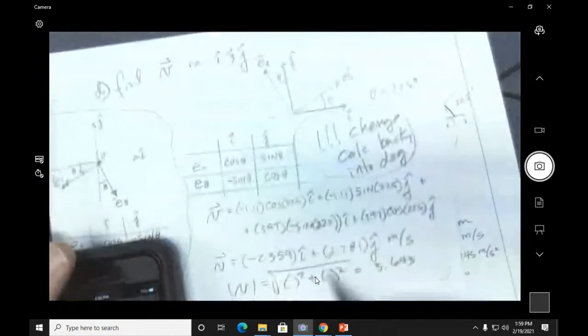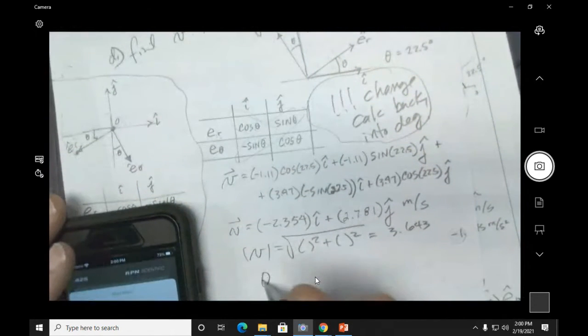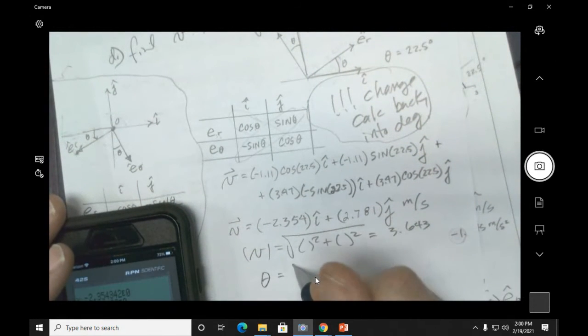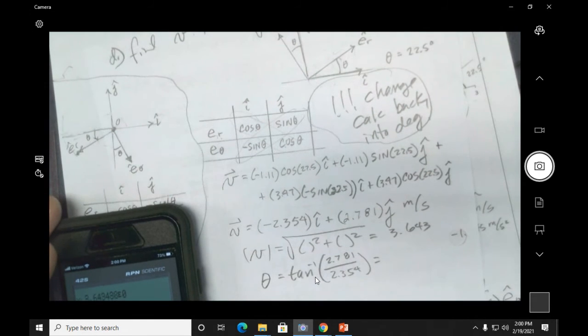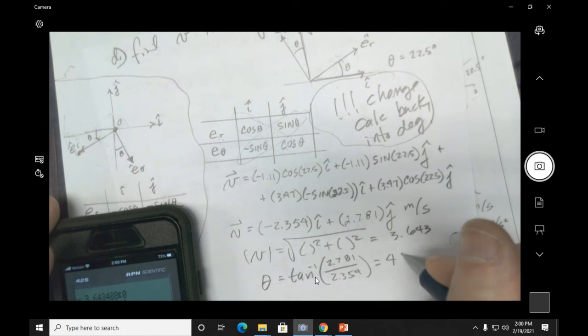And then we can also figure out what the rise over the run is. So we can take theta as the inverse tan of the rise over the run, 2.781 over 2.354. I hope this comes out. I'm a little concerned, but we'll see. I'm going to take the arctan, and I am concerned.